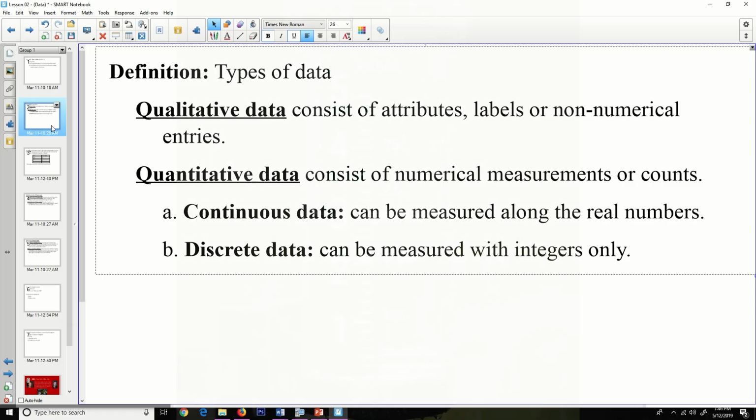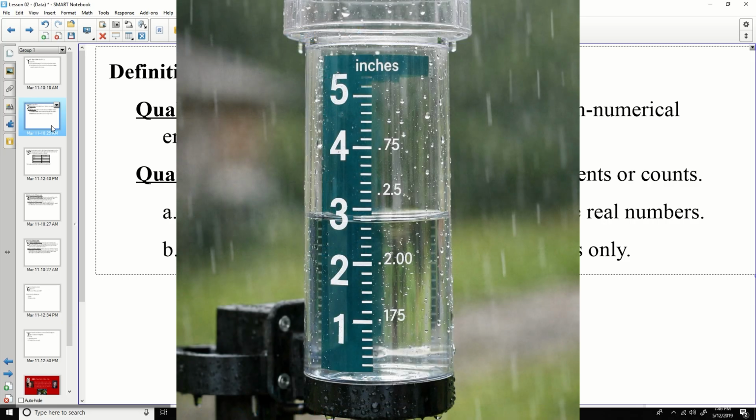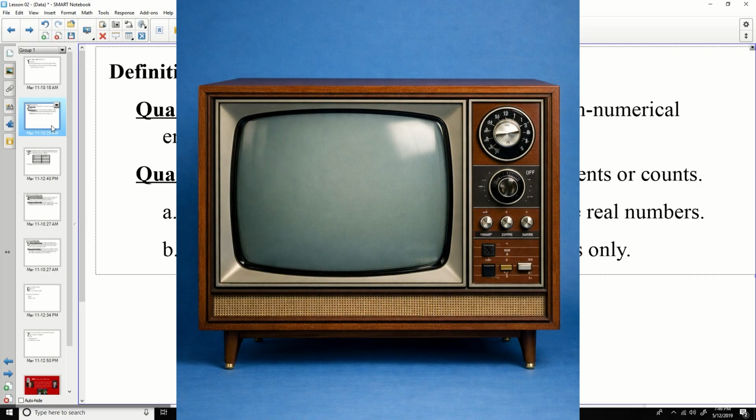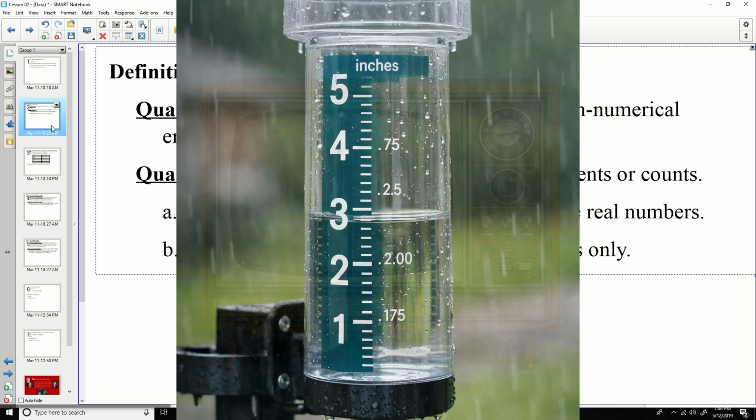Now, a simple example would be the amount of rain we got last rainstorm versus the number of TVs sold at the TV store. The amount of rain that we got in the last rainstorm is going to be continuous data because it makes sense for us to be able to divide that amount up. For example, you can have a half an inch of rain. You can have a quarter inch of rain.